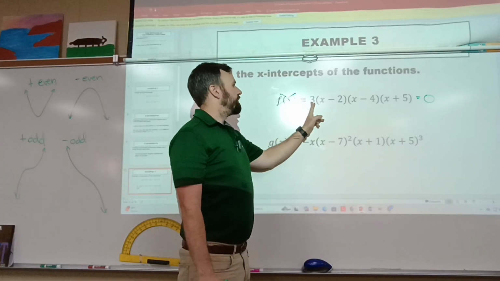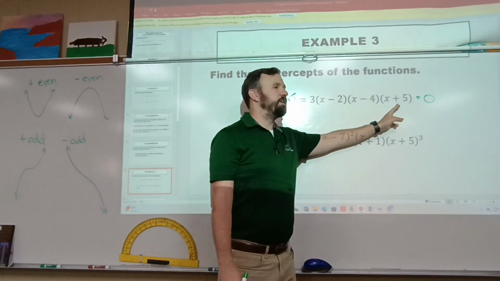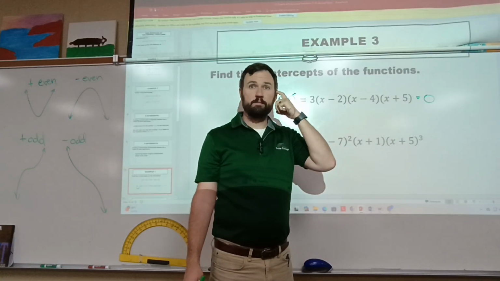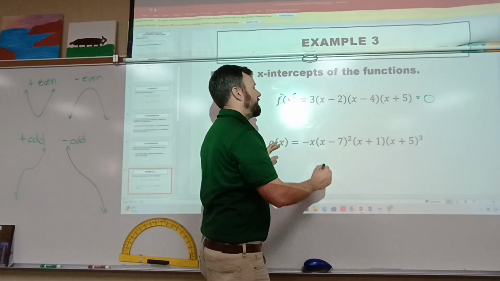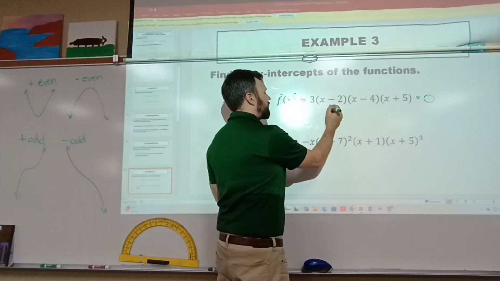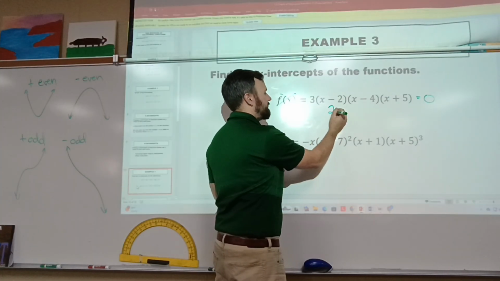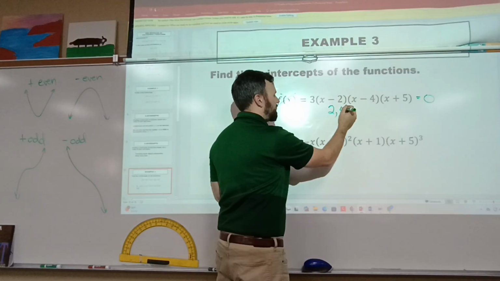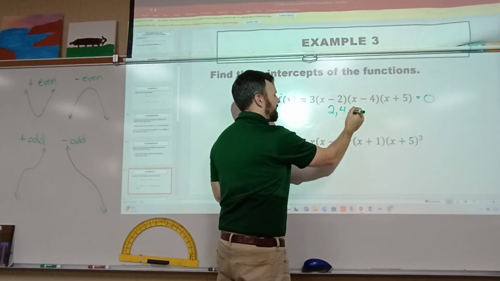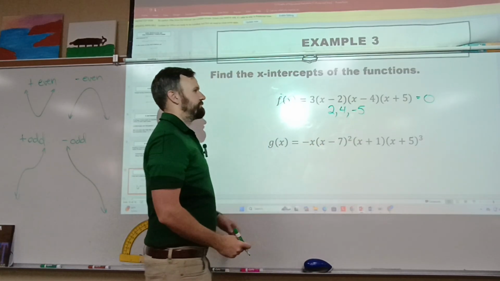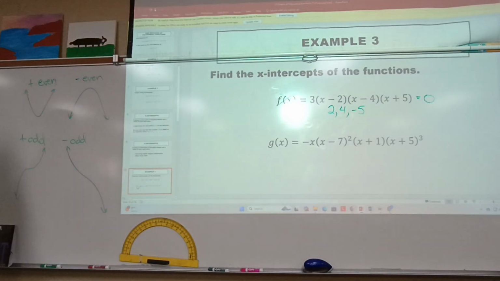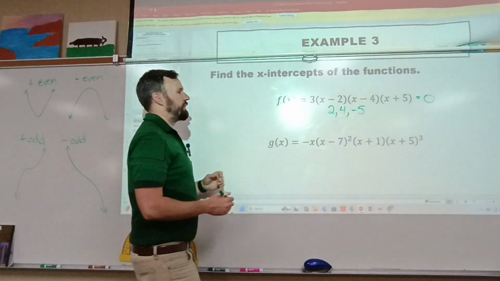No, what do I plug into each piece to get 0, once I have it factored? Do you agree 2 is an answer? 4 is an answer? And -5. There we go. Those are my x values. Well, actually, let's be even better than that.